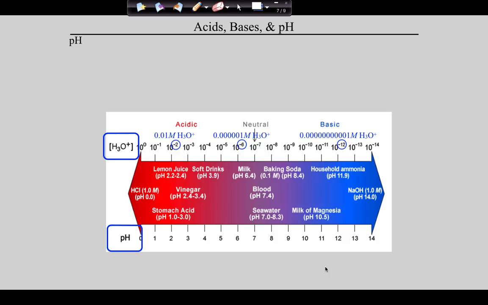And because this relationship carries all the way through, we can write it as an equation. This is what I want you to write down. As an equation, it looks like this: pH is equal to the negative log of hydronium ion concentration.